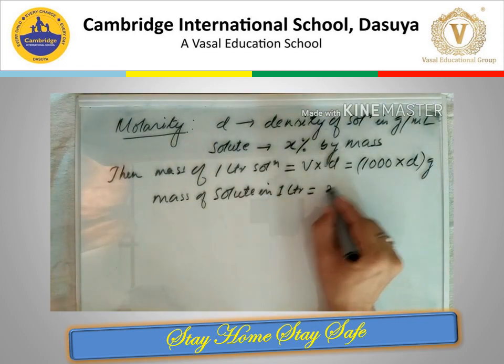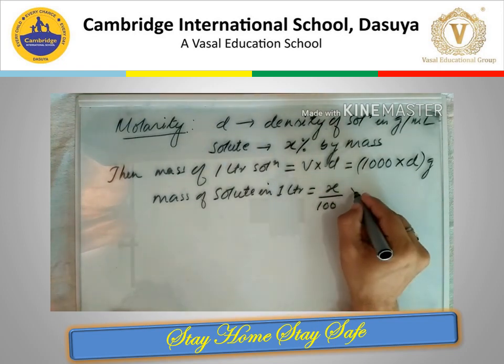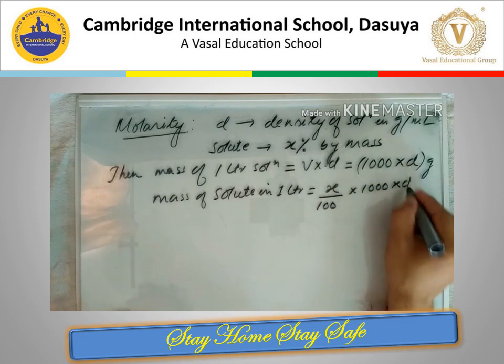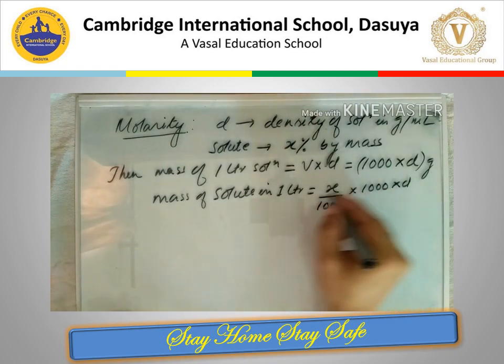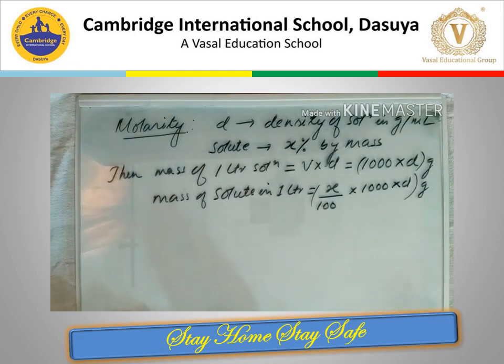So X upon 100 of 1000 into D, because here the mass percentage of solute is X% by mass. This much of gram will be of the solute in 1 liter of solution.